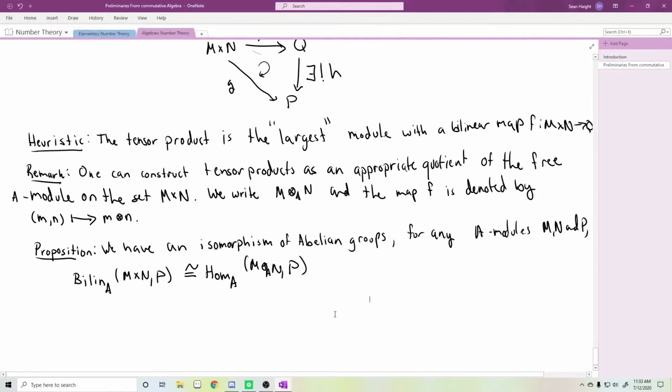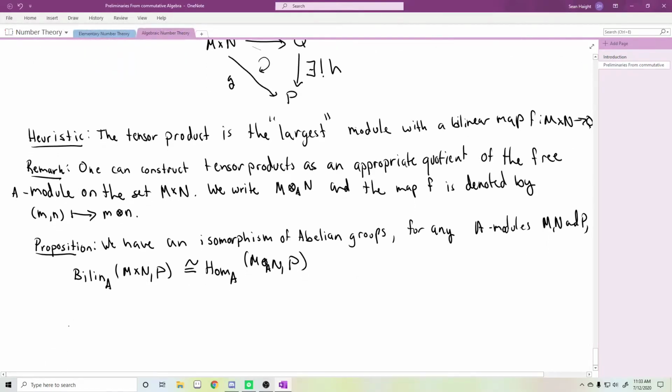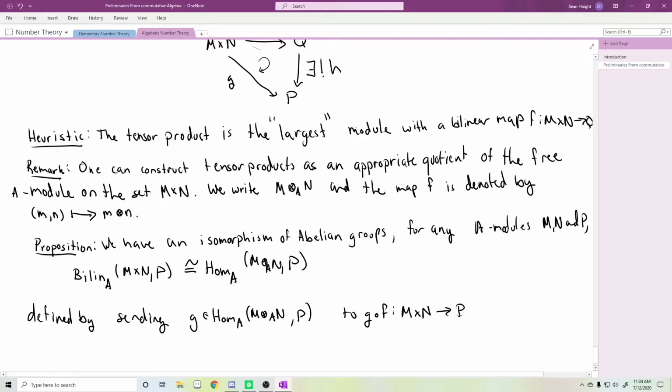Okay, and the map here is defined by sending a homomorphism here to its composition with F to get a bilinear map here.